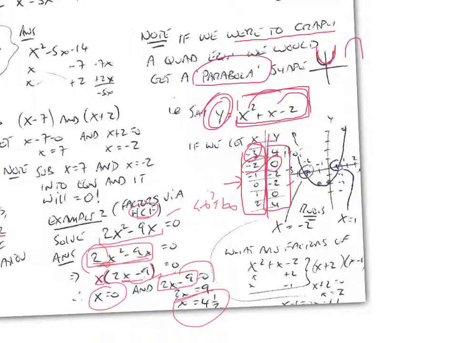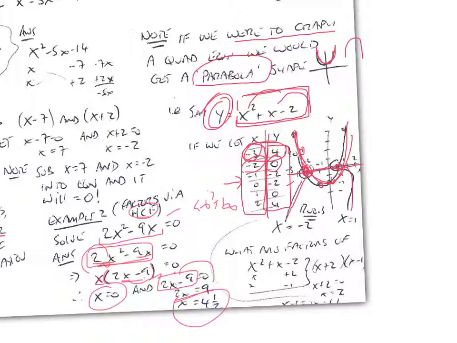If we then put these together as a couple or ordered pair and plotted on the x-axis and the y-axis, minus 3, 4, if we plotted those points and joined them, we'd get our parabola shape. Okay, and what's interesting is that where the parabola cuts the x-axis, this point and this point, cuts at x equals minus 2.